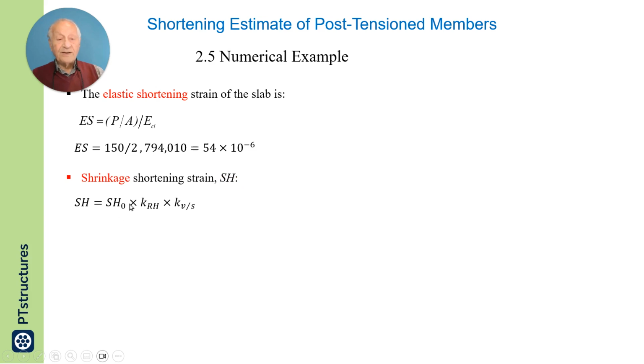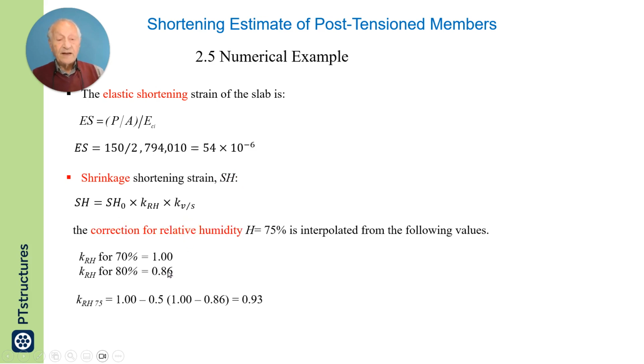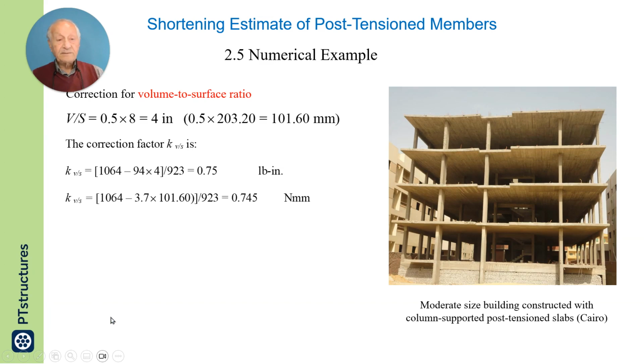Shrinkage, this was the formula, and we assume we are at 75% humidity. Calculate the adjustment due to 75% humidity, the coefficient required for adjustment due to humidity. Coefficient required for adjustment due to volume to surface ratio of the member.